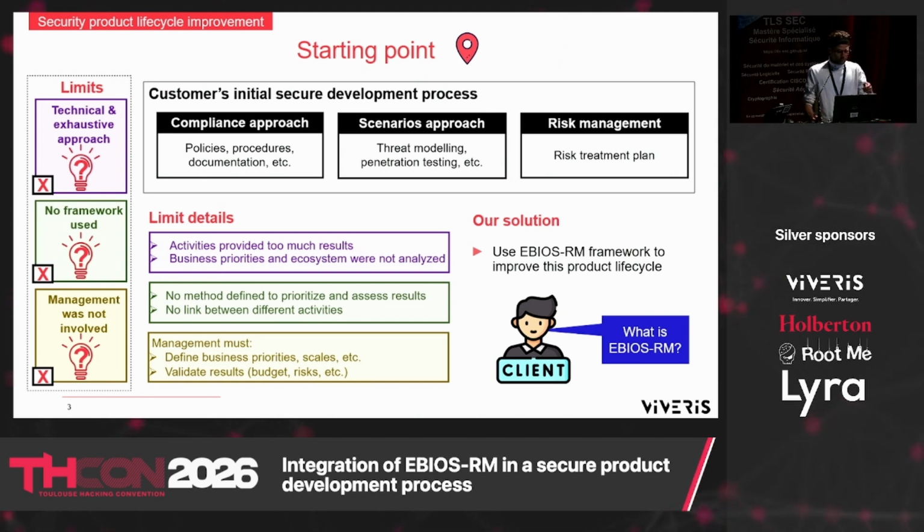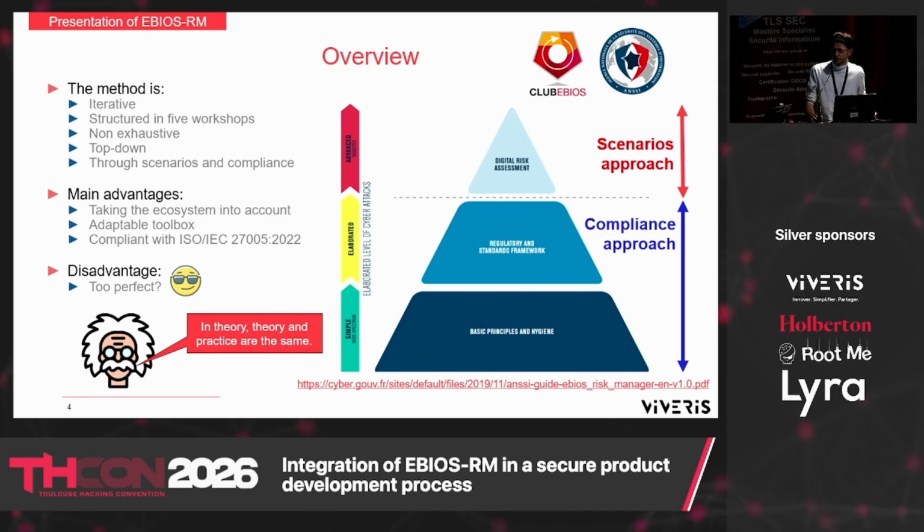So we decided to include the EBIOS method, but maybe some of you, like our customer, wonder what it is. So EBIOS is a risk analysis method developed by EBIOS Club and ANSSI, and in simple terms is iterative, structured in 5 workshops, and for the approach, it's non-exhaustive, it's top-down and through scenarios and compliance.